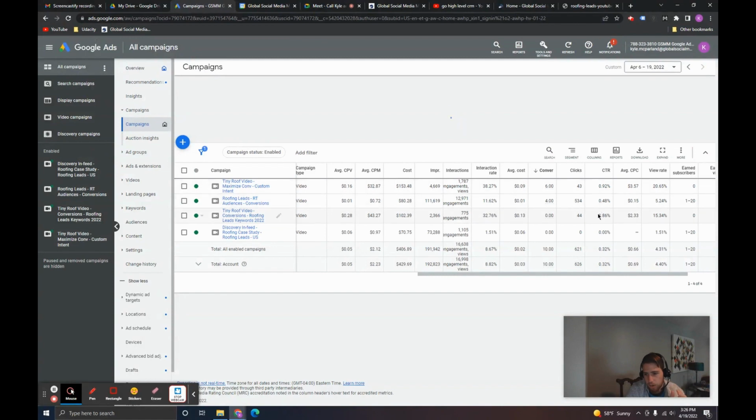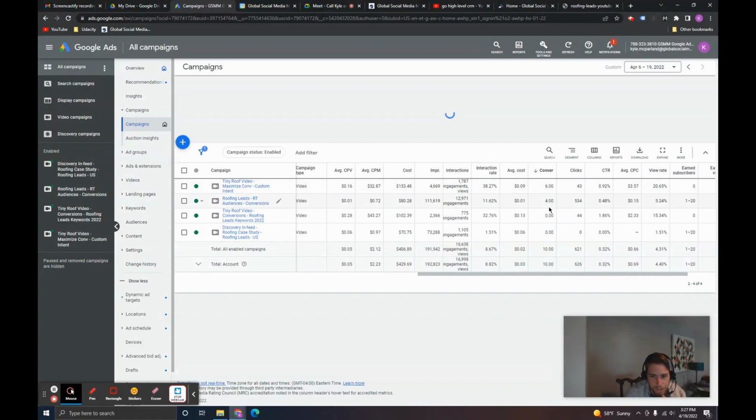This 1.86 is a fairly decent click-through rate, and the higher the click-through rate, the more relevant the ad is to the audience viewing it. If more people are clicking on the ad, it means the people seeing your ad are the right type of people because they're engaging with it, and that's what you want.